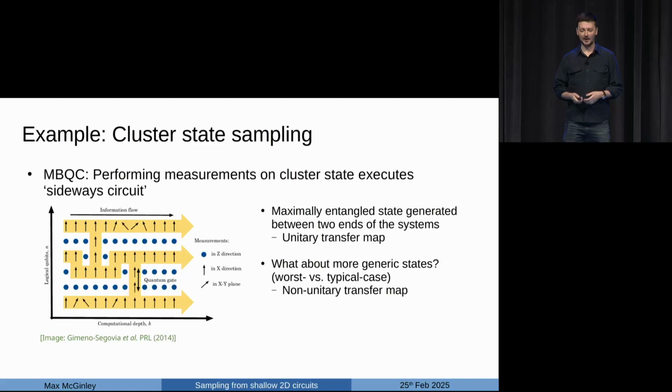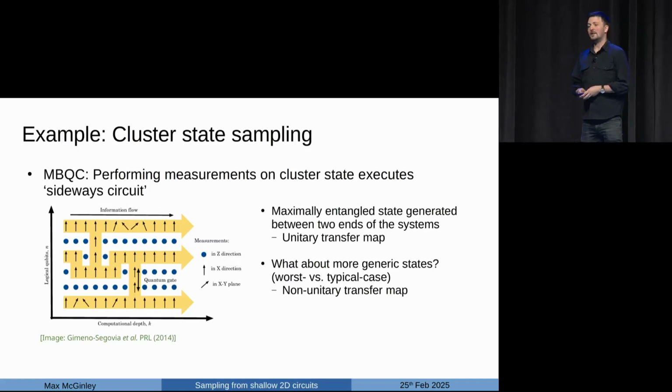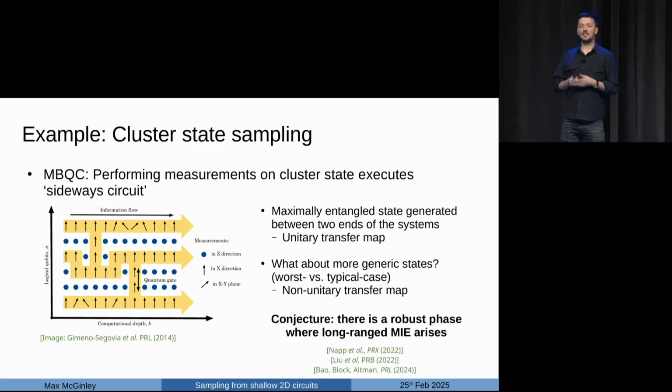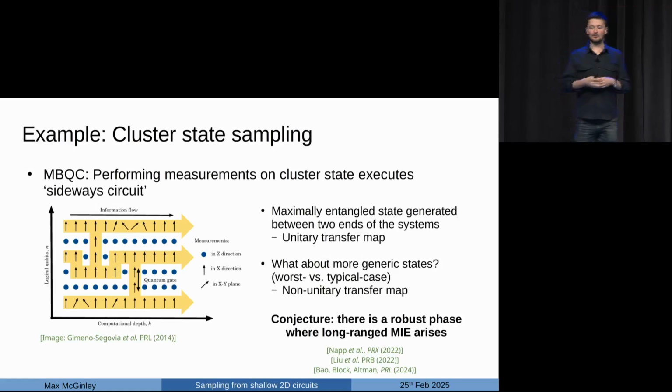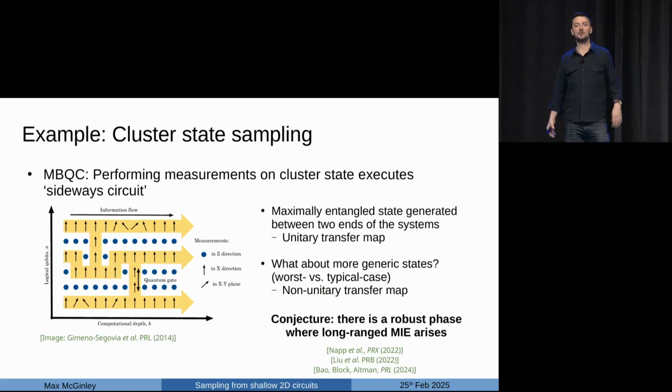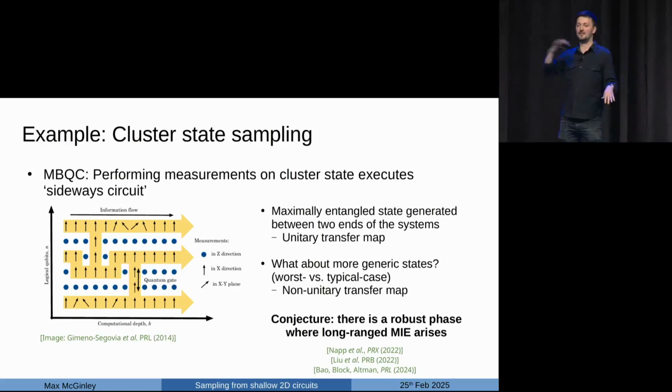So it's not so obvious what happens. But there's been a series of recent works that suggested that there is, in fact, a robust phase in which this long-range measurement-induced entanglement remains, despite the fact that there is this effective non-unitary dynamics if we think of the system evolving sideways.